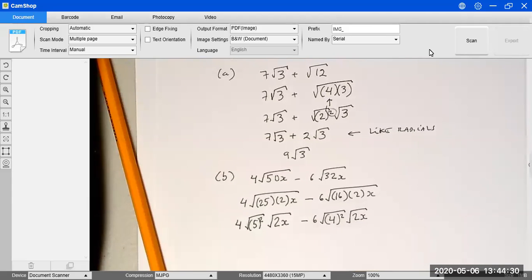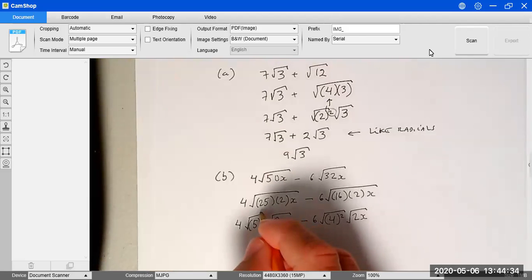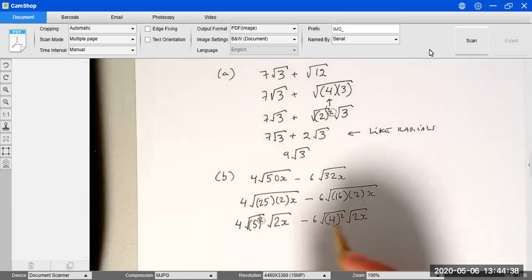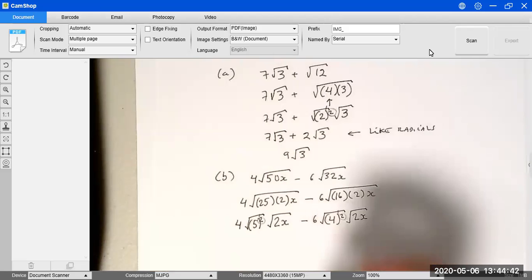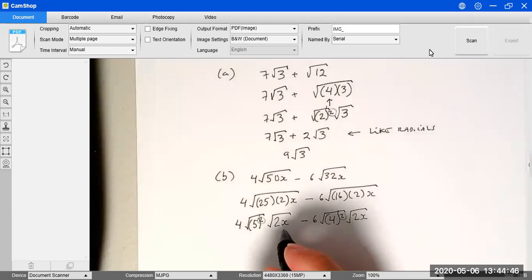So then I'm going to simplify the radicals by removing the radical and the exponent at the same time. Don't forget that: the radical and the exponent at the same time. And then you're going to write the rest.